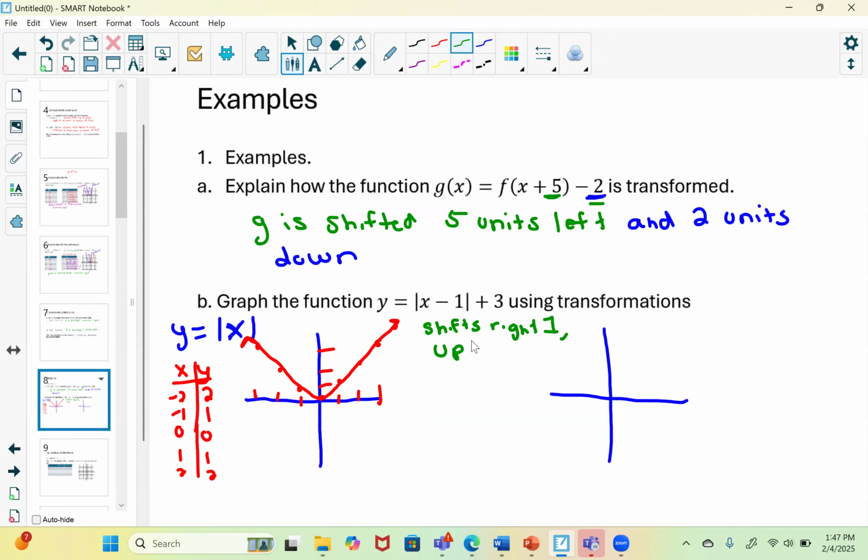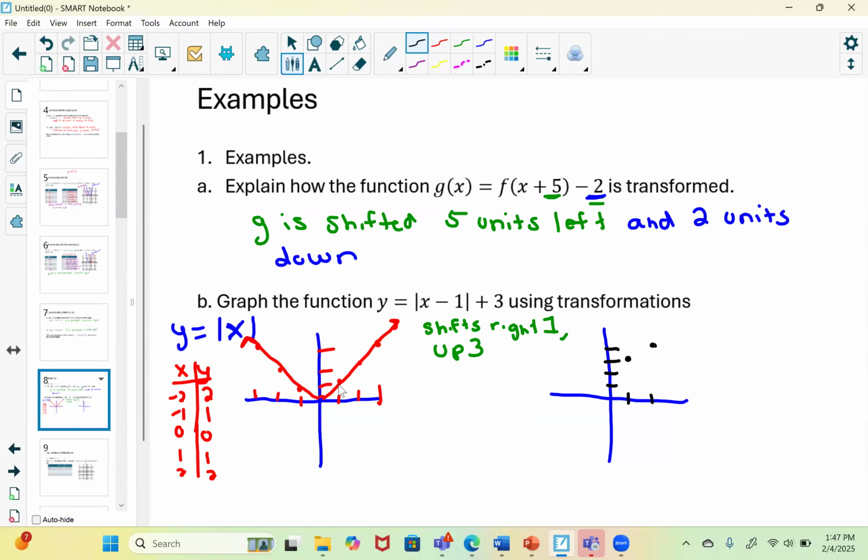We're going to go up 3. And so each point, that's how we're going to shift it when we graph it. So at 0, 0, I'm going to shift it right 1 and then up 3. My point 1, 1, I'm going to shift it right 1. Okay, so I was here 1, 1. And I'm going to go right 1, up 3.